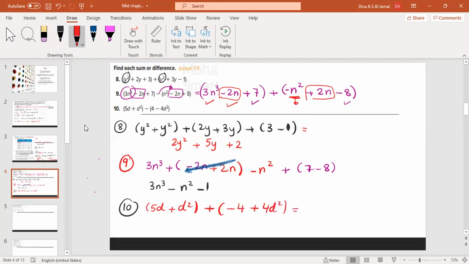And let's gather the like terms. We are having here d squared and here 4d squared. So if you add them, it will be 5d squared. Then 5d has nothing to do with the others, so just keep it as it is, and your minus 4 will be staying as it is. So it's all a game of gathering the like terms.